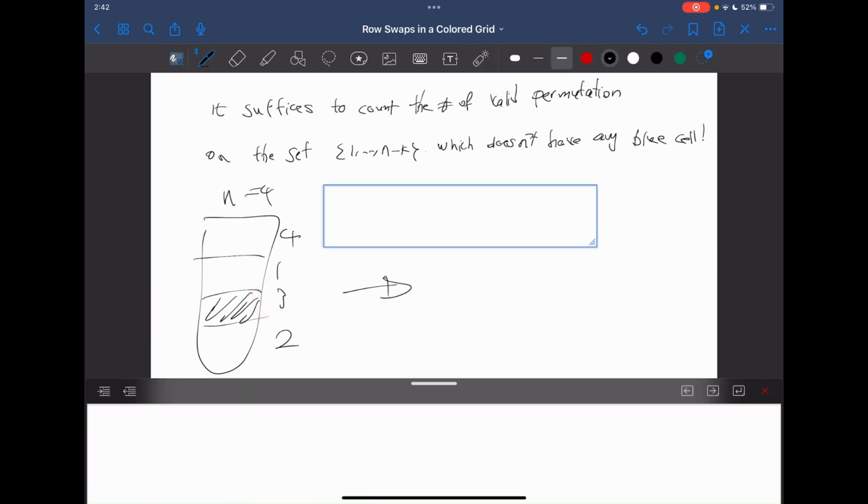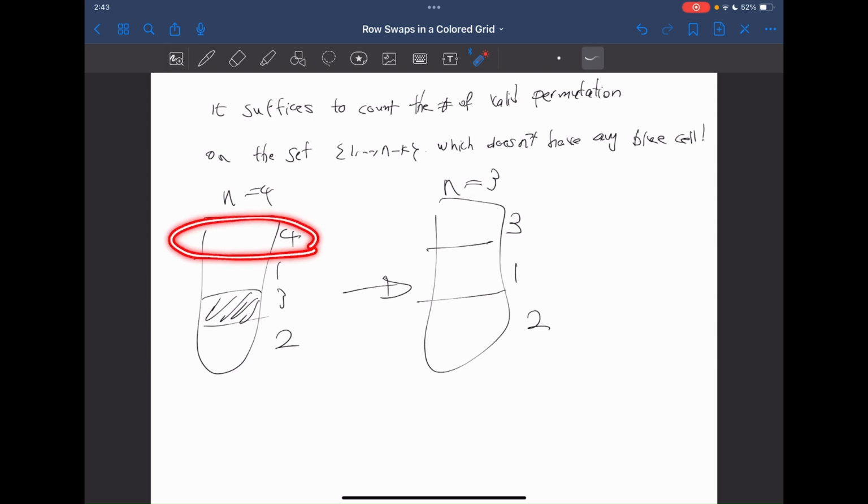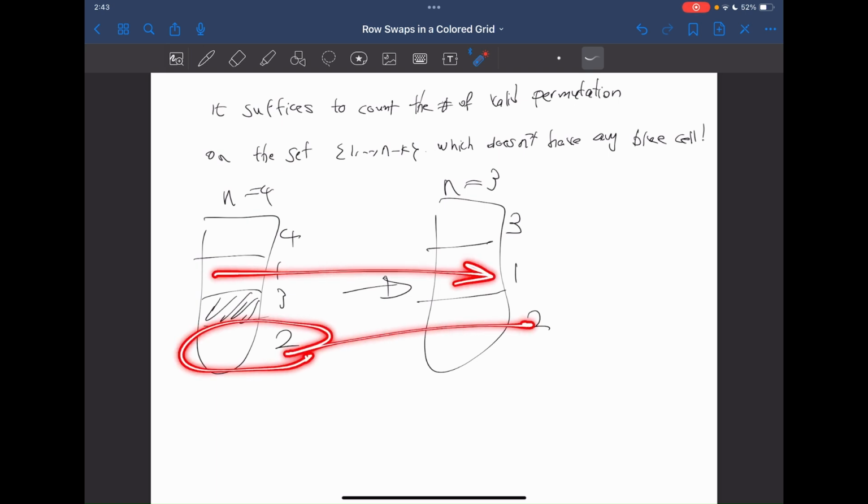Then this is basically the same as this arrangement for n equal to 3, with a small change: 3, 1, 2. There is no blue cell here. What happened exactly? Anything above 3 is deducted by 1, like 4 has become 3. Anything below 3 has remained the same, so 2 is 2 and 1 is 1.